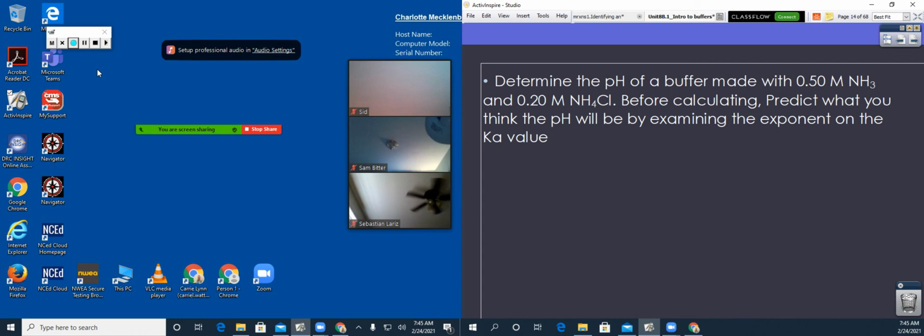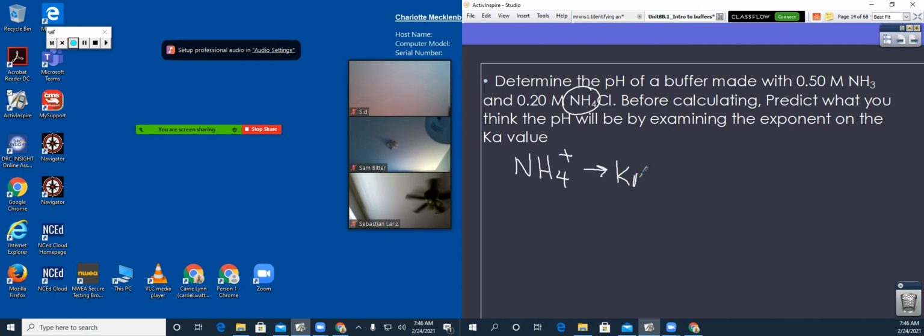I'll look up the Ka for you first, and I'll put the Ka value up. So keep in mind, guys, I am going to write acid first, so I'm going to look at the Ka of the acid. The acid is going to be the ammonium ion, is what I'm looking at the Ka value of.